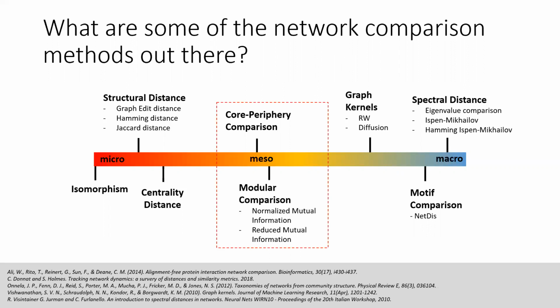We then jump right to the other side of the scale, and we look at a macro distance, specifically a spectral distance. We want to highlight eigenvalue comparison, which is also a quite well-known and well-used technique. In eigenvalue comparison, the eigenvalues of a network, specifically of either its adjacency matrix, but more commonly its combinatorial Laplacian, are calculated and compared across two networks.